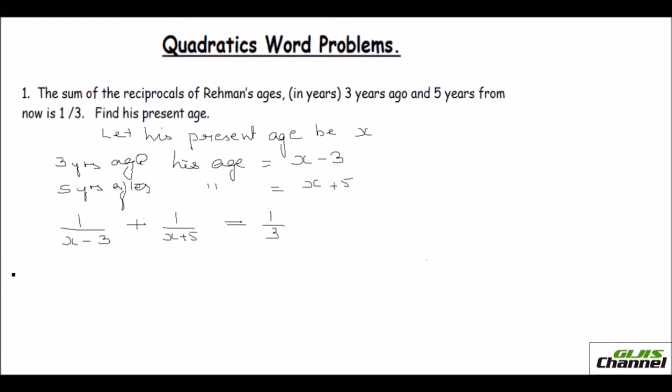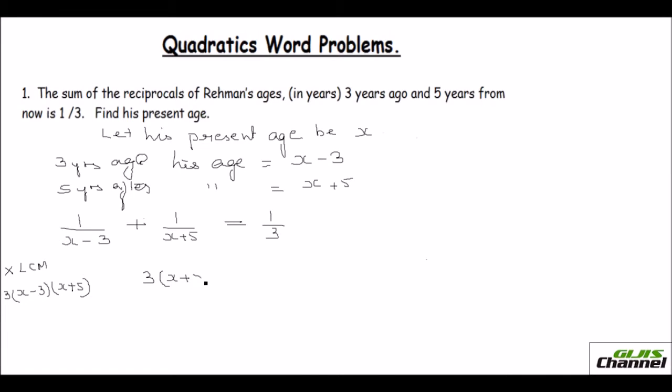I'm going to multiply throughout with the LCM. The LCM here is 3 times x minus 3 times x plus 5. I'm going to multiply each term with this. The first term, when I multiply, my x minus 3 will get cancelled, so I would be left with 3 times x plus 5.